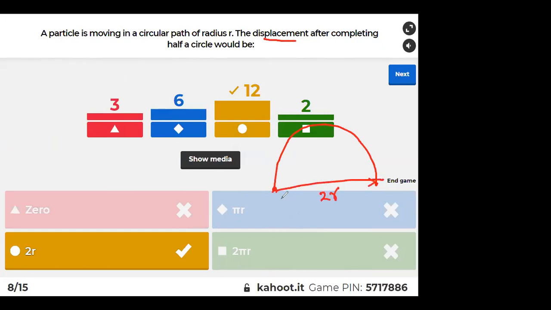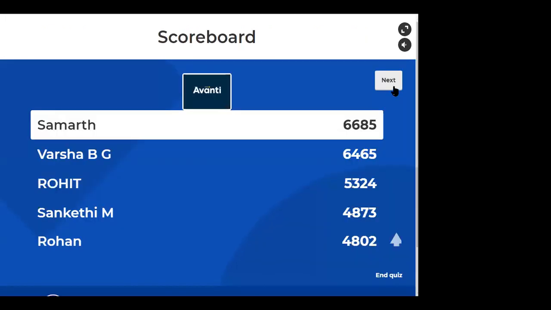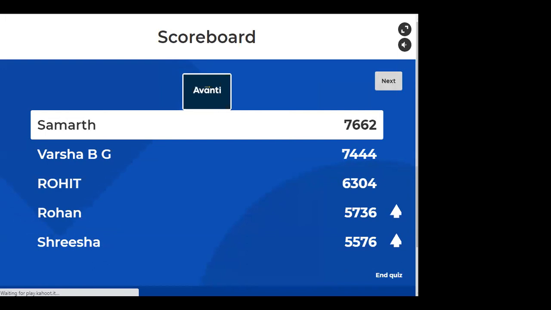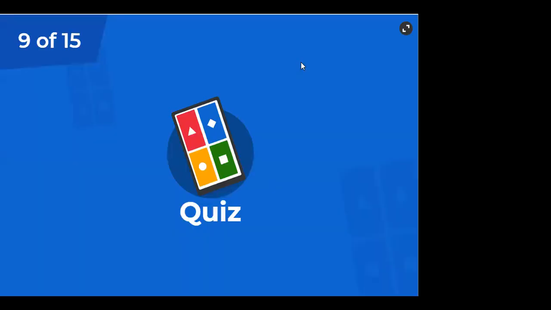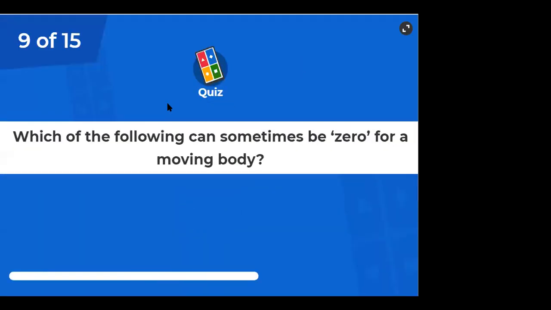If they had asked for distance, it would be pi r, right? And how come it is 0 and 2 pi r? Tell me, it doesn't even make sense, right? Clear? Next.